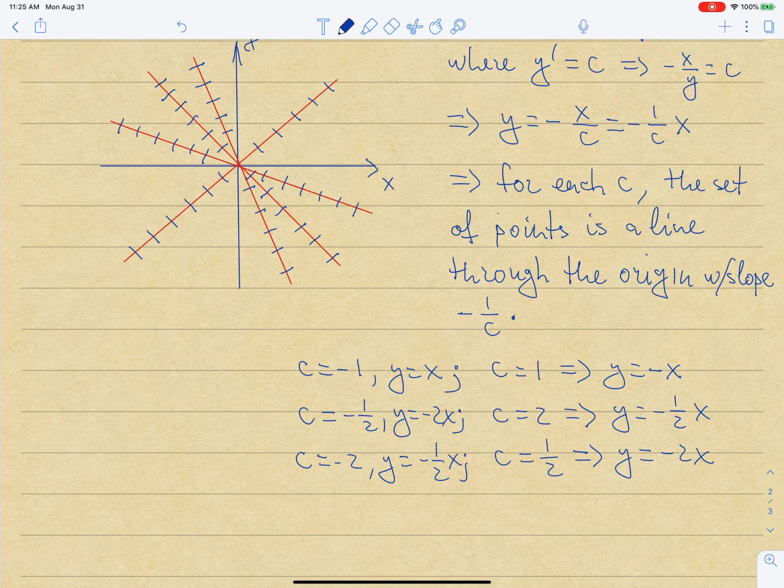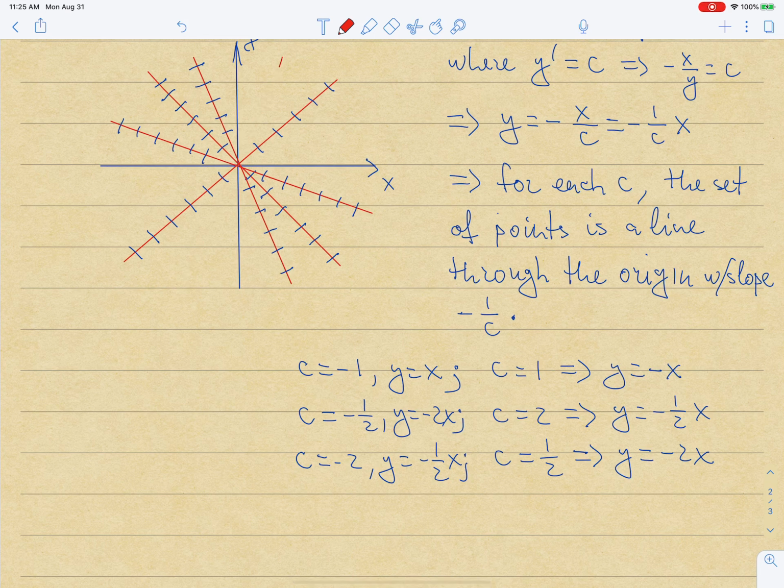And so you see in this case what the pattern is. On any line that passes through the origin, the direction field is going to be perpendicular to that line. So we can draw maybe one more, actually two more lines. Y equal to 2x is going to be like this.